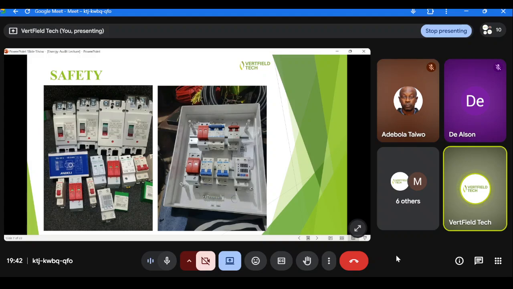And that brings me to my next area of discussion. When you are selecting your safety tools and gadgets in terms of the breakers, the fuse, the surge, you should also be aware of the fact that your solar system has two parts. It has the AC part, it has the DC part. Do you know how to identify these various areas?